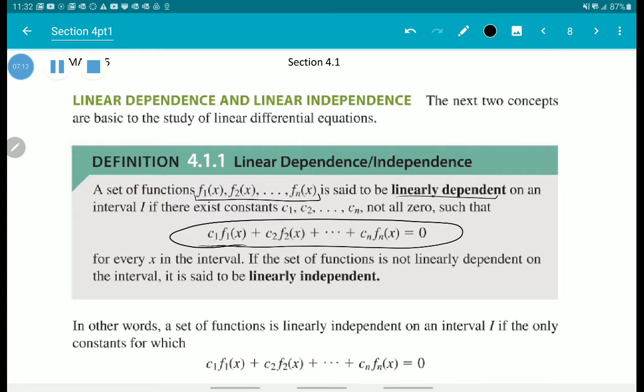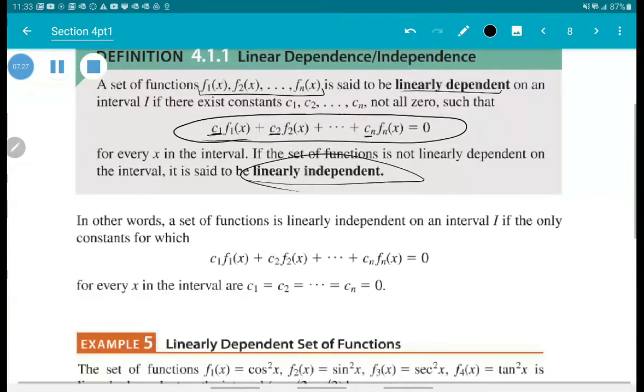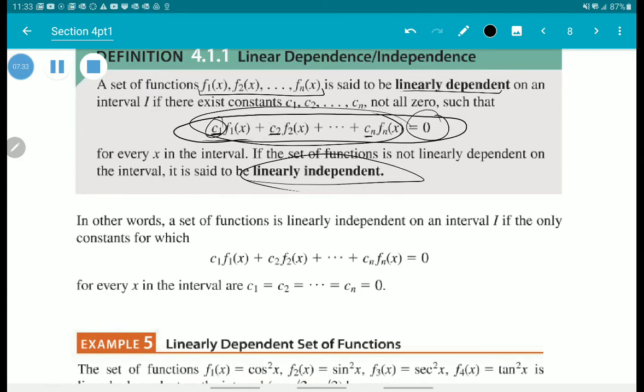So these could be different numbers, but they're not necessarily going to be zeros. If they are all zeros, then they are independent, which means the only way that you could form that combination here and get 0 would be if all of these are equal to zero.